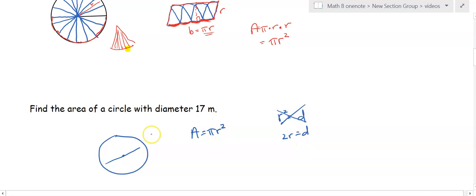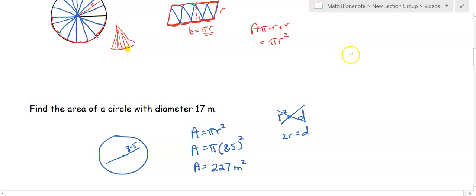So in this case, my radius is half my diameter, 8.5. So my area is pi times 8.5 squared. Order of operations says I have to square 8.5 first and then multiply by pi, and we'll get approximately 227 meters squared, right?